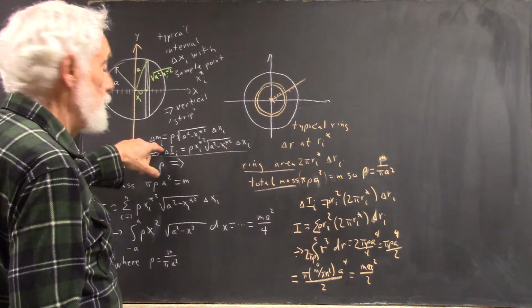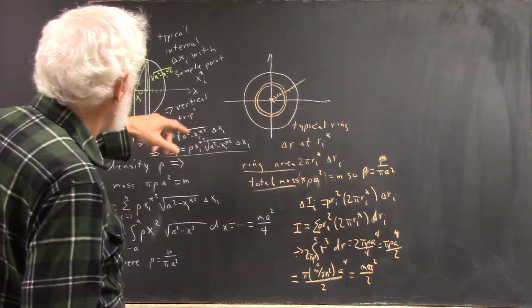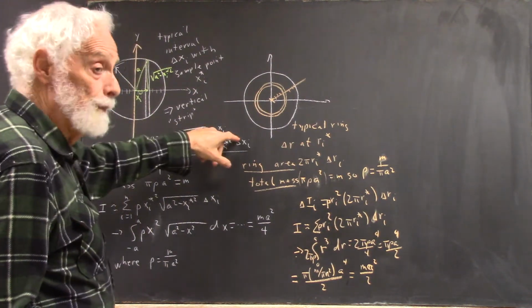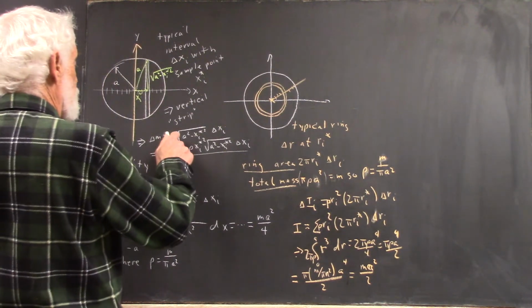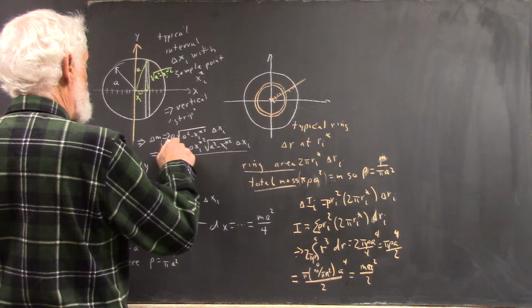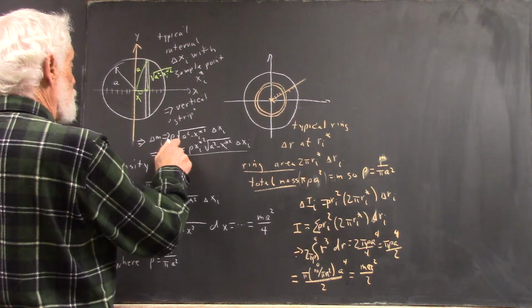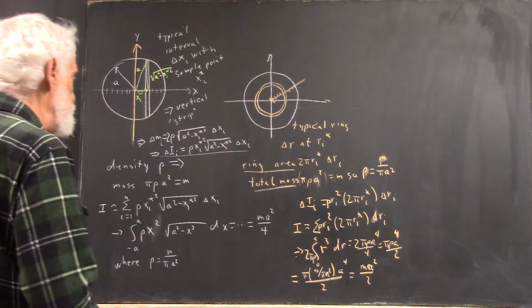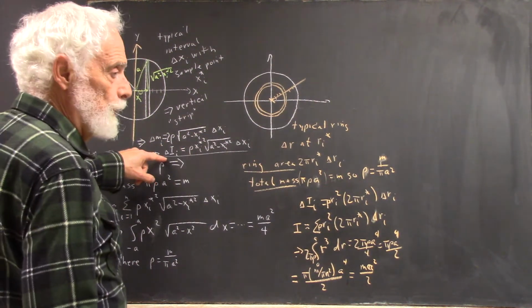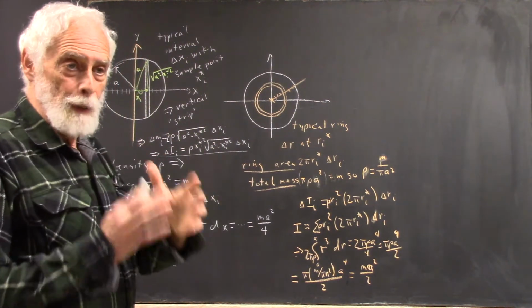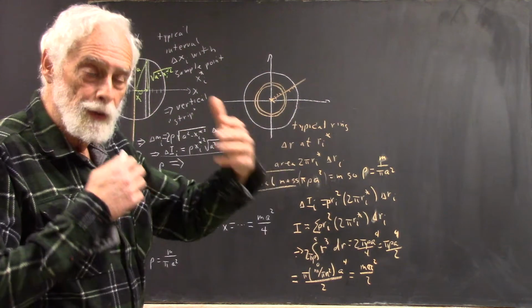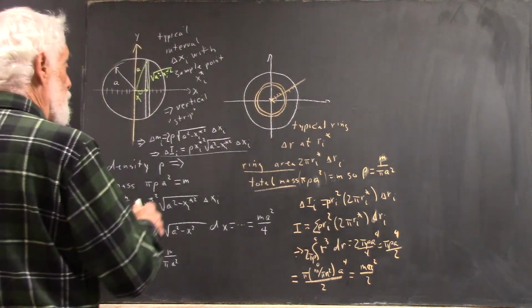and the mass within that is the density times the area of the strip. I should have had a 2 here. Okay, so there's a 2. So the contribution to the moment of inertia is what? It's the mass times the square of its distance from the axis of rotation.